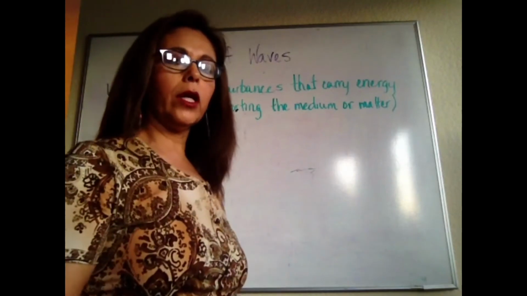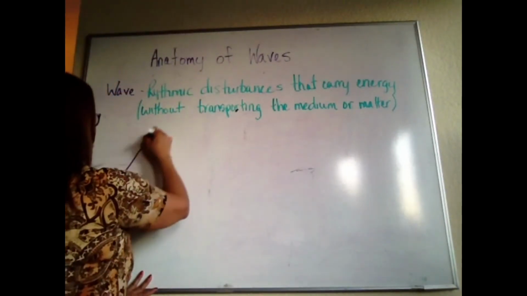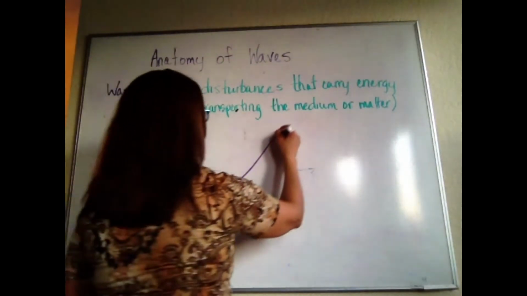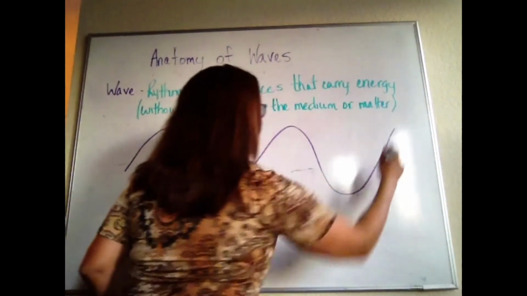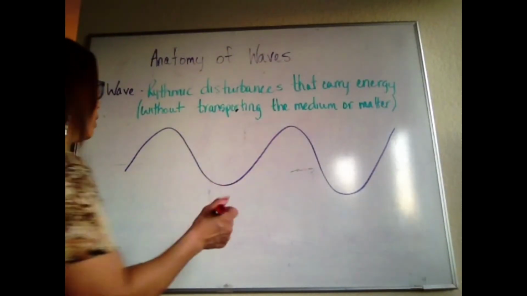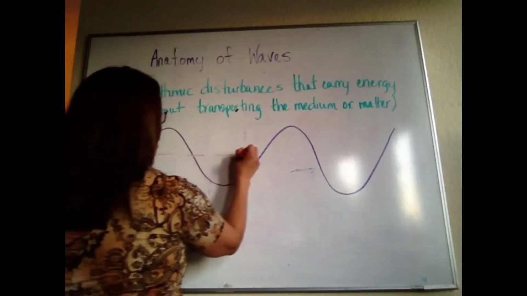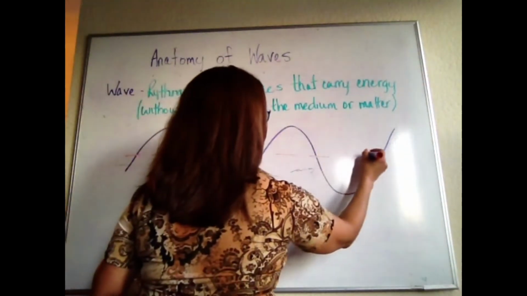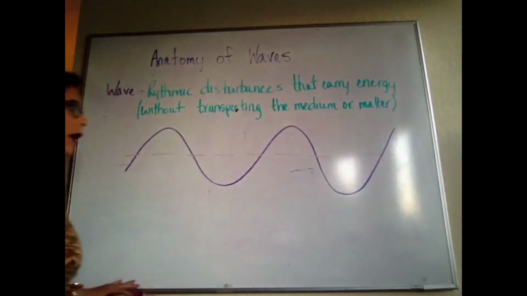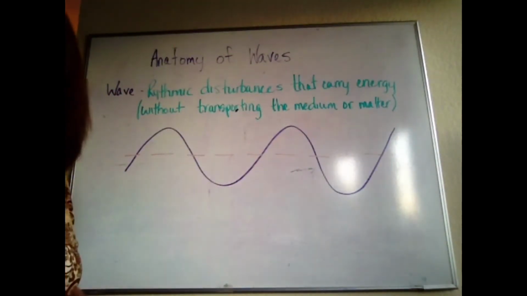So it kind of looks like a rope that's being moved up and down like a snake. So we're going to go like this. And before I continue, I'm going to put here, if the rope was not moved, it would be in a straight line like this. So that is what we call the resting position.